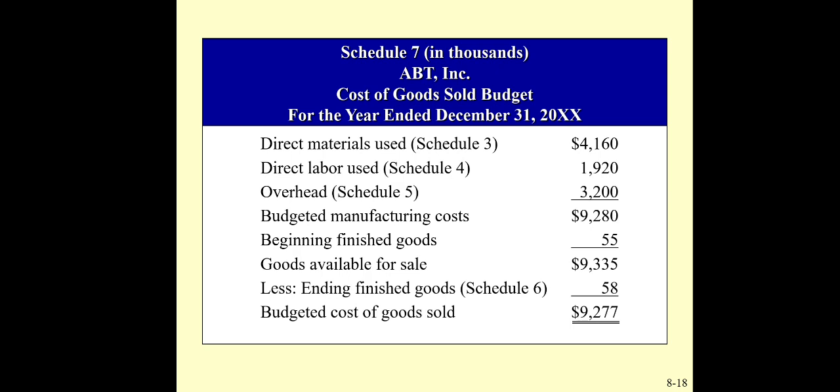You will get the goods available for sale, and then less ending finished goods. Remember, you have calculated the ending finished goods in schedule 6, 58 cents times 100 units. So you will get the budgeted cost of goods sold, 9,277.